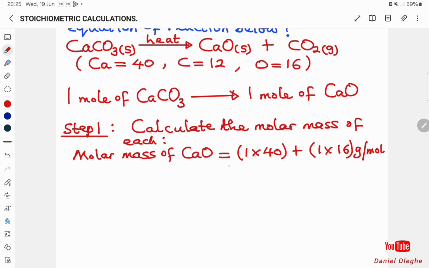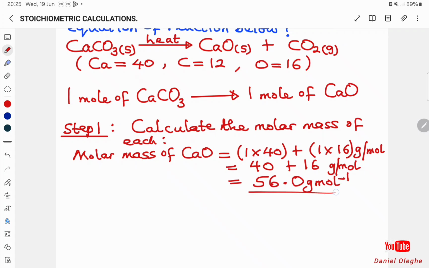That's the unit of molar mass. You have 40 plus 16 gram per mole, and that gives us 56.0 gram per mole. That's for the calcium oxide.